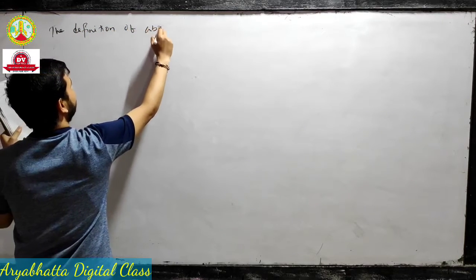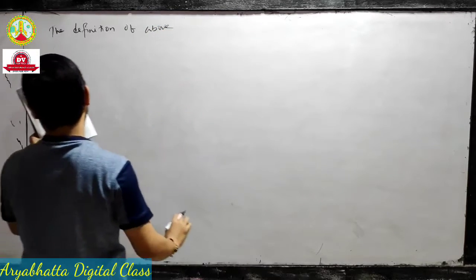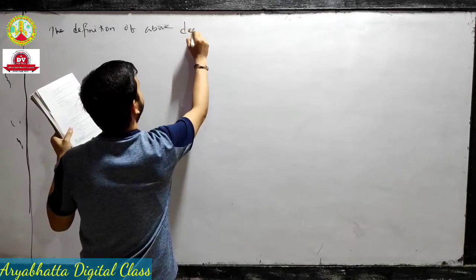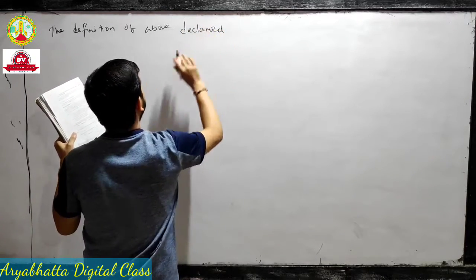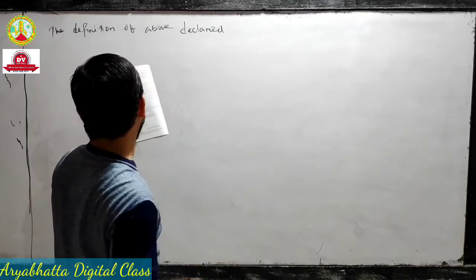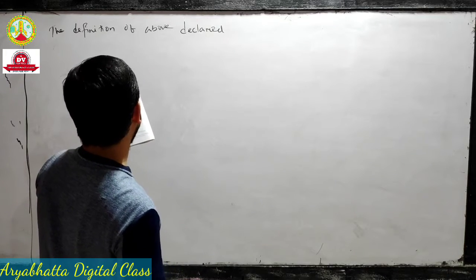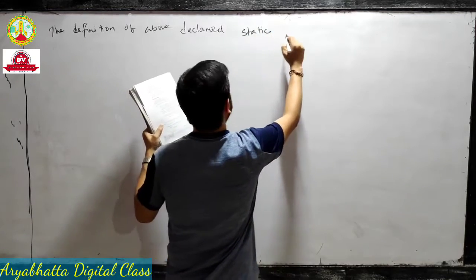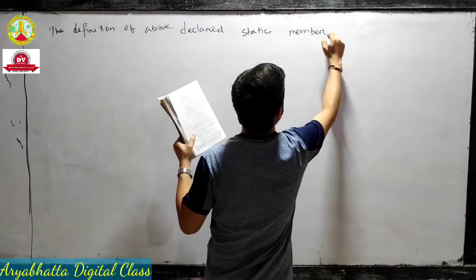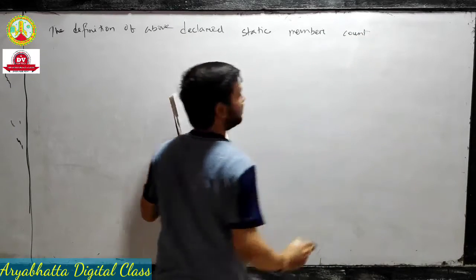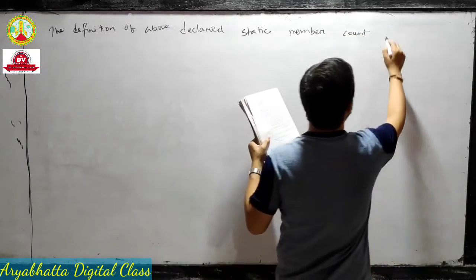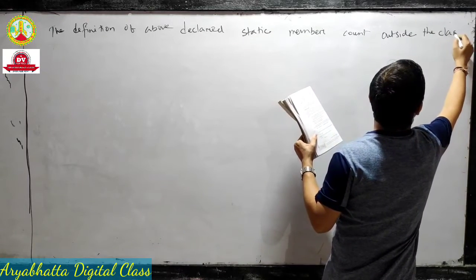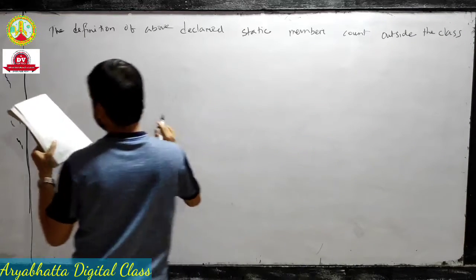In exams it can sometimes come like that: what is static data member? Write details with example, then you have to write this. Above means the previous one. Okay, there is not enough space, that's why right here. Declare static member. Static member count means the previous variable. We declare count of integer data type outside the class.